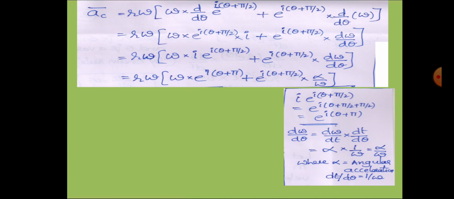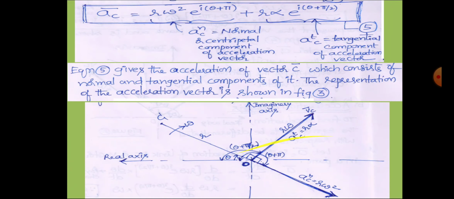But after differentiating, this power itself is a function of time, so if I differentiate this power with respect to theta, I am going to get i, because I am differentiating d by d theta of the power term, that is i of theta plus pi by 2. So pi by 2 is constant, it is 0, plus d by d theta of theta is 1. 1 plus 0 is 1. So 1 into i is i, plus e power i of theta plus pi by 2 into d by d theta of omega, which is nothing but d omega by d theta.